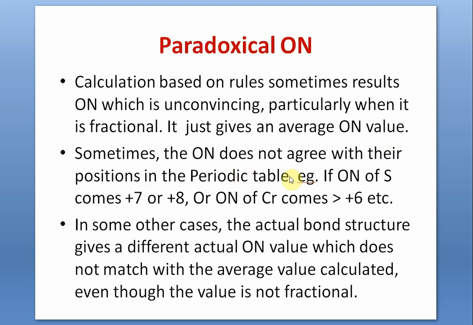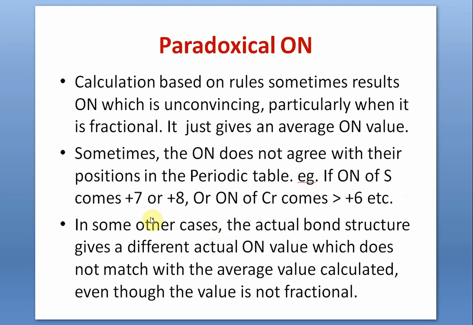Sometimes the oxidation number doesn't agree with the element's position in the periodic table. For example, if for sulfur you get by the rule method an oxidation state of +7 or +8, can you believe it? Can you believe sulfur can lose, even theoretically, 7 or 8 electrons, belonging to group 6A, group 16? It has 6 electrons in the valence shell. If you have already studied, sulfur and oxygen have 6 electrons in their valence shell.